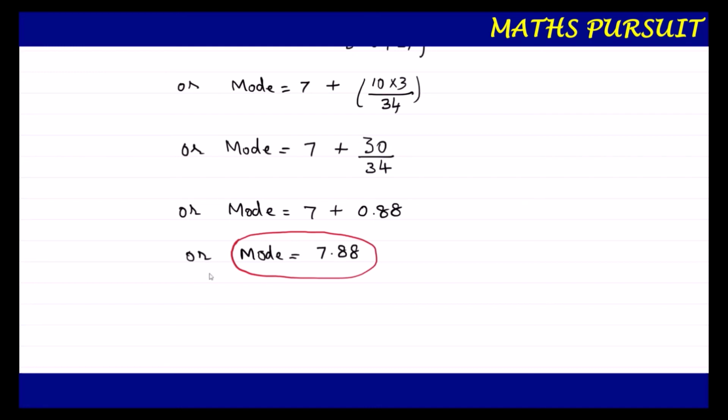So we can write: hence the modal size of the surname is 7.88. Or altogether you can write whatever we got for mean, median and mode at the end, and say that this is the mean, this is the mode, and this is the median that we got from our calculation.